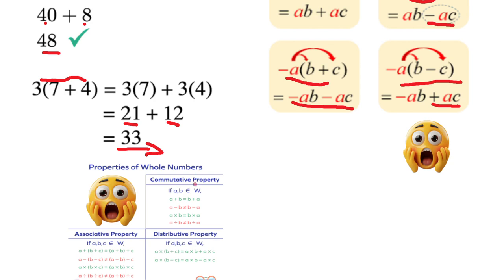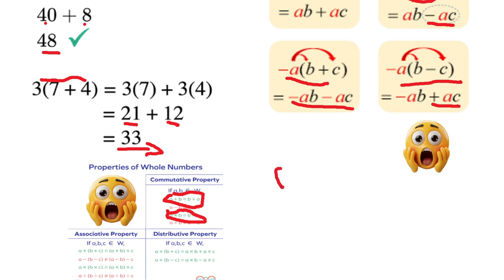And then the properties of whole numbers only work with multiplication and addition. It can never work with division or with subtraction.